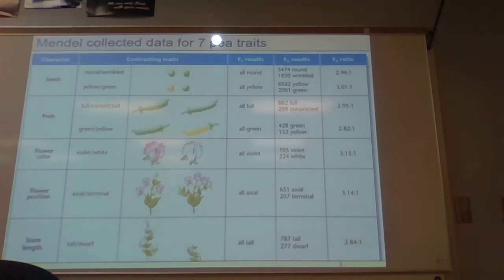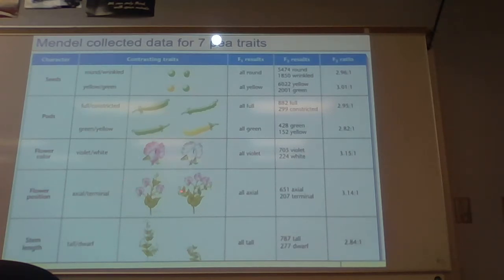I know this is super tiny, especially for those of you in this awkward half of the classroom. But he did this not just for one trait, but for 7 pea traits. So you can see here are the parents that he crossed: brown peas and wrinkled peas, yellow peas and green peas, brown pods, green pods, yellow pods, purple flowers, white flowers.